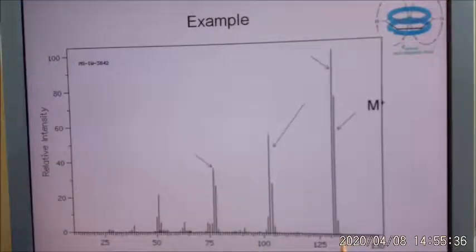So we already know this looks like primarily carbon, hydrogen. The molecular ion is 132, so it's not an odd number. So no nitrogen.